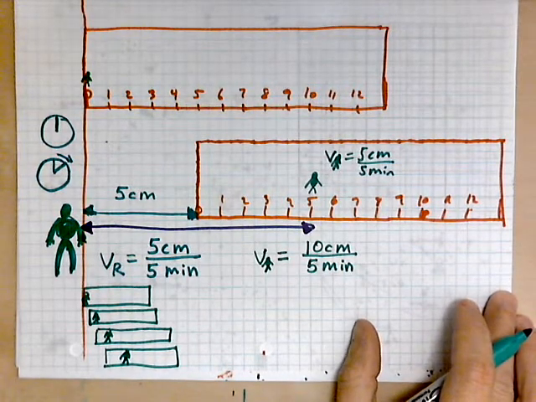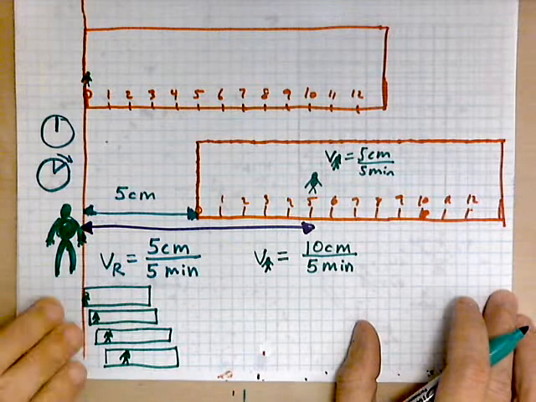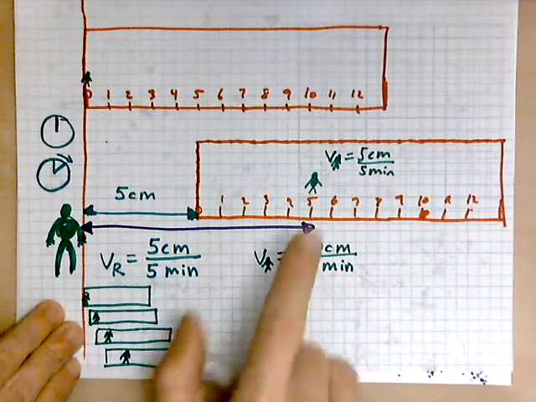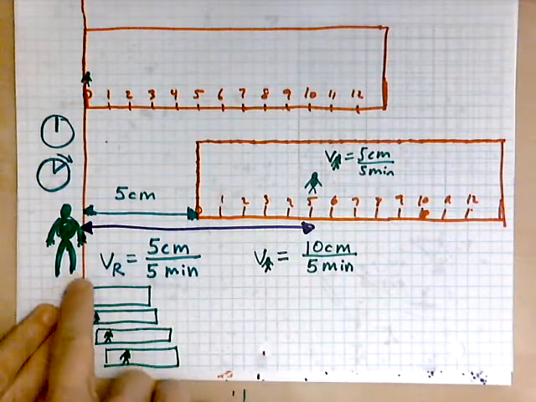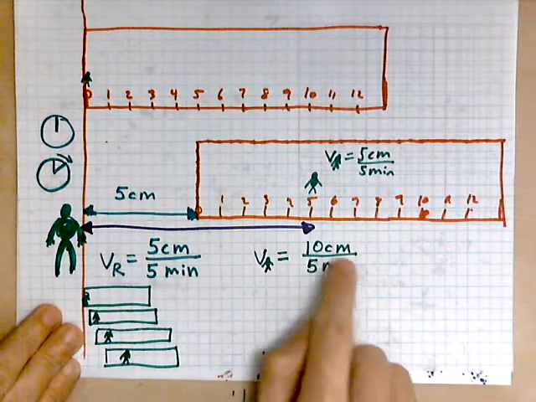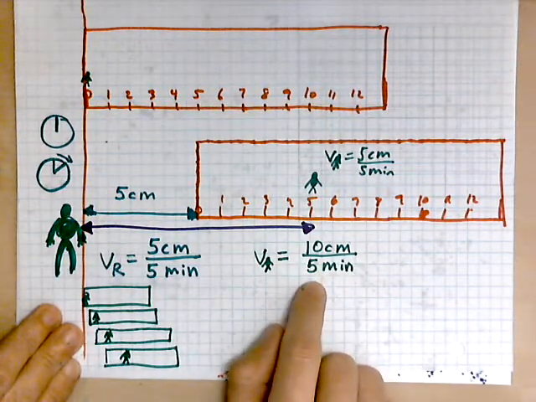But this means that the velocity of the little guy relative to the big guy is 10 centimeters per 5 minutes.